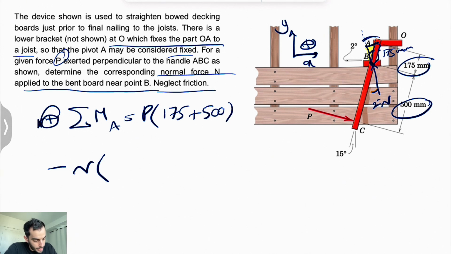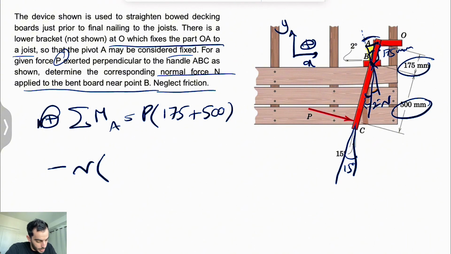We figured that we have a 2 degrees angle here, and from the question we know this member makes 15 degrees with our horizontal, so this angle is also 15 degrees.